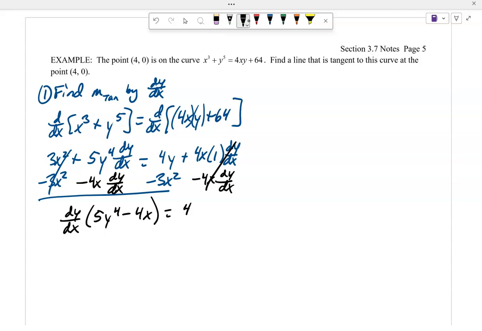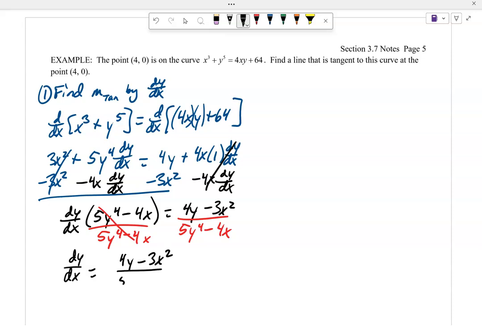And over here I've got 4y minus 3x squared. So let's go ahead and divide by that, 5y to the 4th minus 4x. And so it looks like dy/dx ends up being (4y minus 3x squared) over (5y to the 4th minus 4x). Okay, there's our derivative.